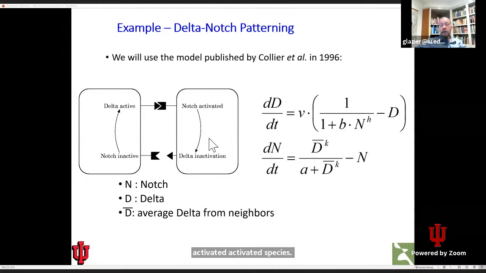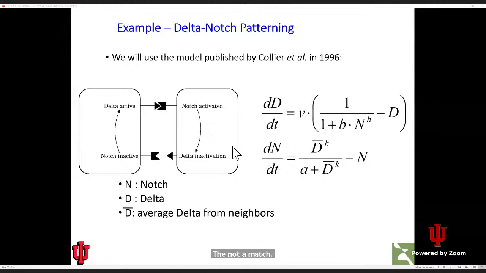I'm going to assume that I have delta and notch, and that the amount of delta in my cell is inhibited by the amount of notch in my cell, and vice versa. So d delta by dt is equal to some rate constant, it's inhibited by notch, and decays. D notch by dt, sorry.